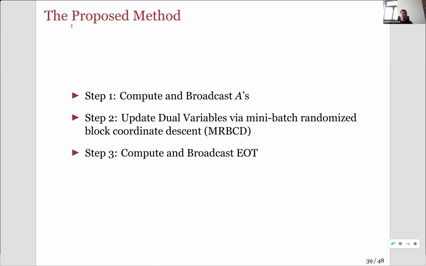We update the dual variables through another optimization algorithm called the mini-batch randomized block coordinate descent algorithm. Agents now iteratively update their local dual variables mu I and vj.